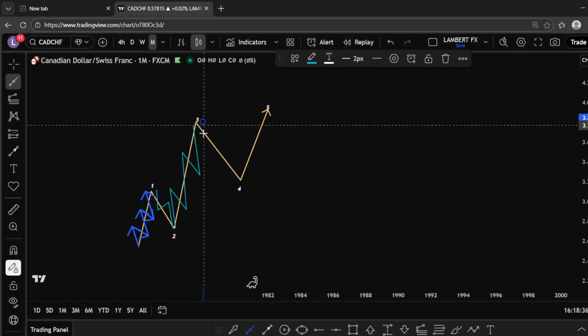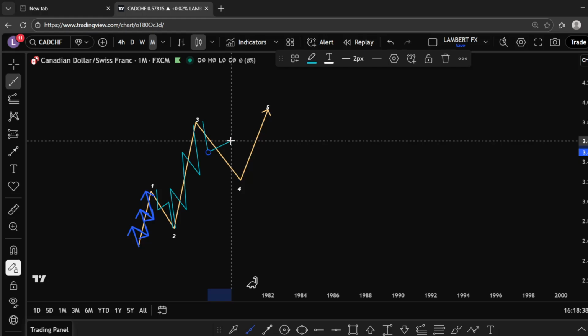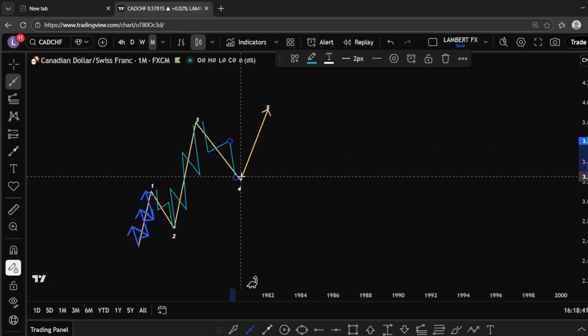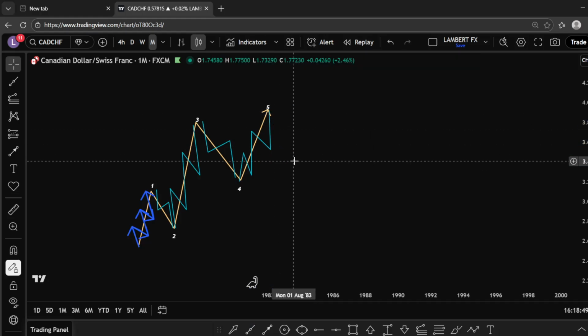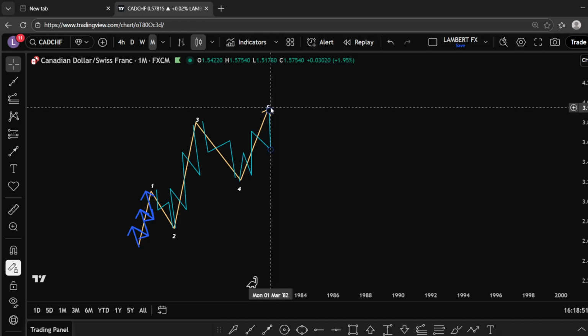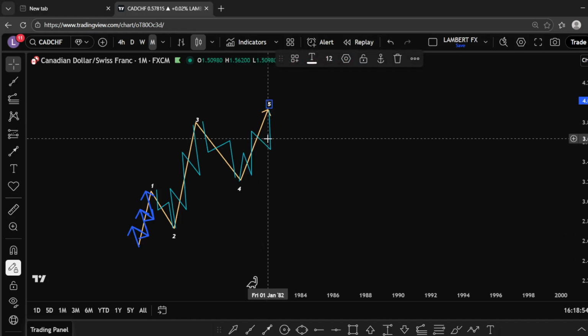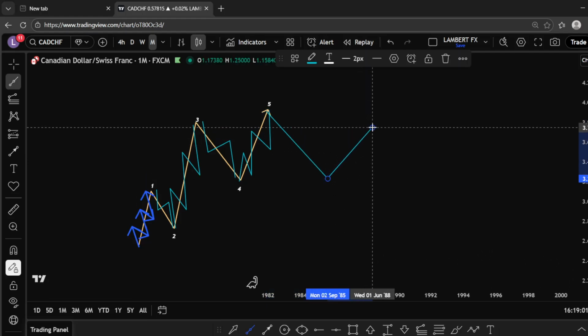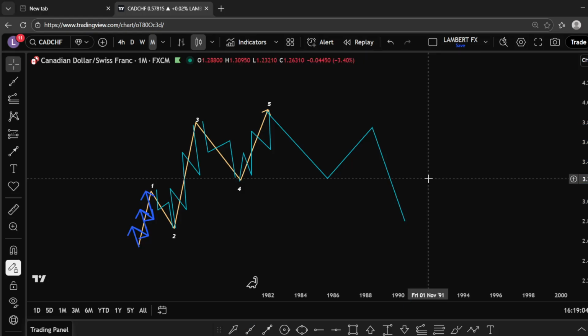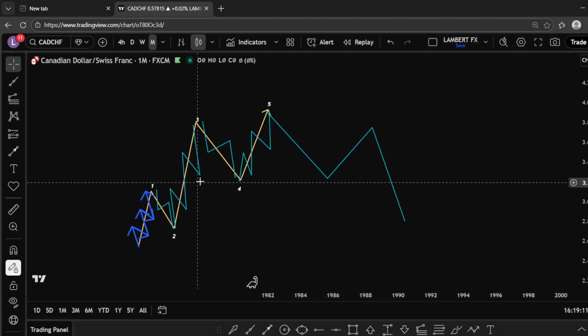Okay, and then your fourth leg is your A, your B, and your C. And then your final leg is your 1, 2, 3, 4, and 5. Okay, and then when the fifth leg completes, you will have your corrective legs, your big A, B, C.